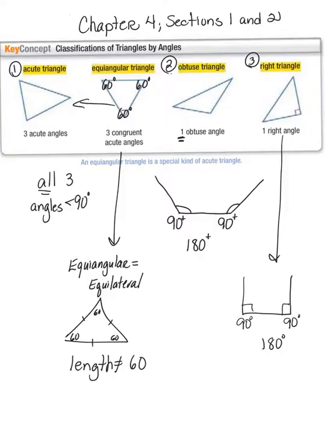So one right angle in a right triangle, one obtuse angle in an obtuse triangle, three acute angles in an acute triangle, and the special circumstance for the acute triangle is the equiangular triangle, where all three angles are not only acute, but they also all measure 60 degrees. And as an aside, we mentioned that an equiangular triangle is always also equilateral.